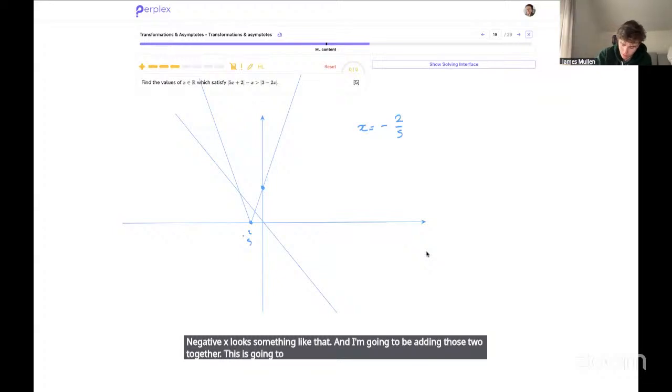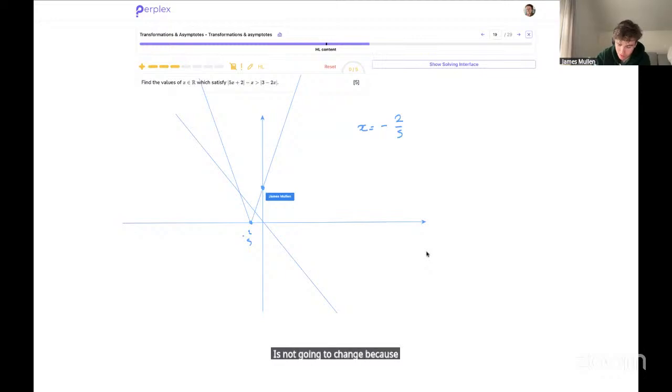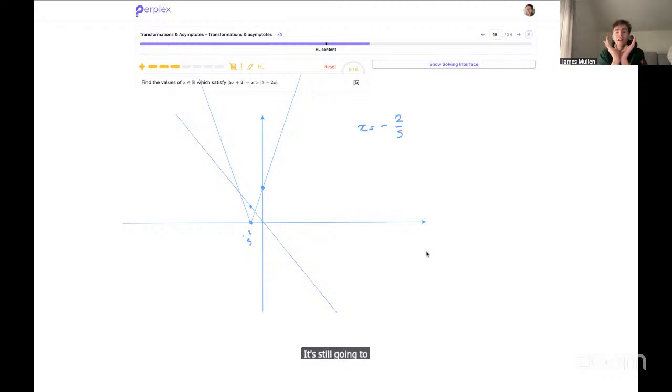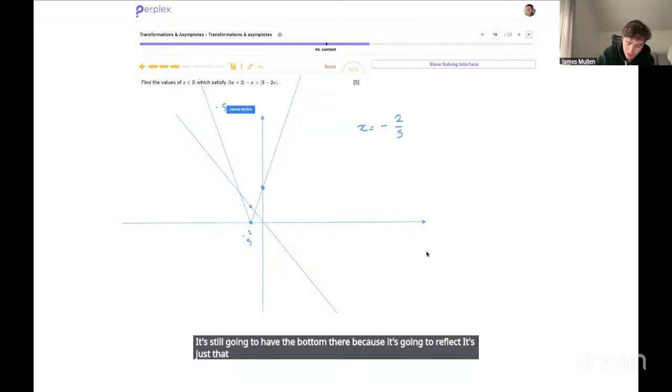This is going to be a little bit messy. But I know, first of all, that this point is not going to change because negative x goes through 0. And then I'm just going to add this point to this point. It's still going to have that bottom there because it's going to reflect. It's just that here the slope is -5 and here the slope is -1. So to the left, the new slope is going to be -6. It's going to be even steeper.